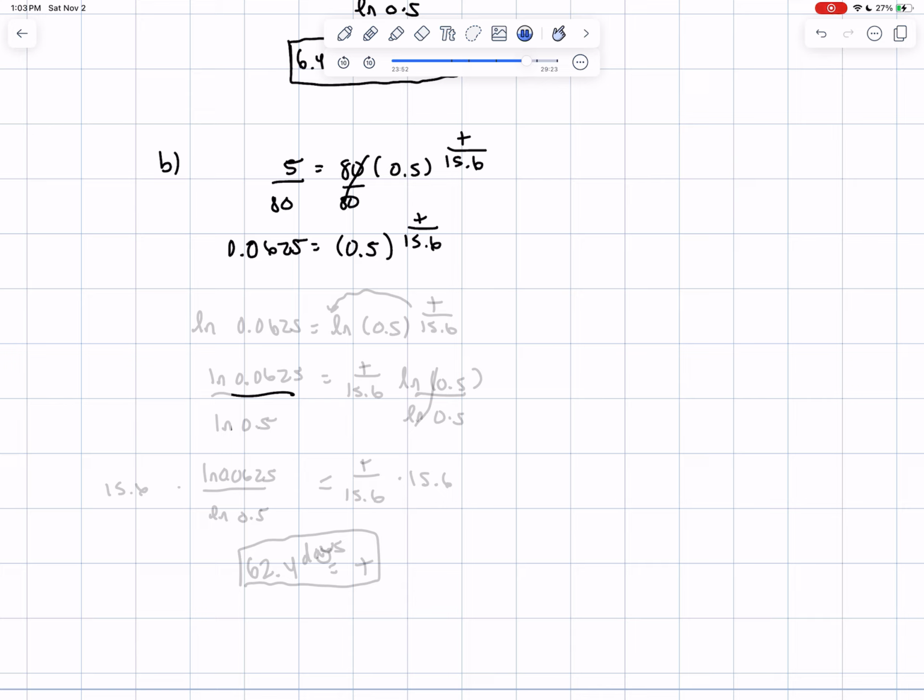Now, since we have an equal sign, this is a type 2. So again, I'm just going to put the ln or the log here. Then we can't have any exponents, so we move our exponent to the front.